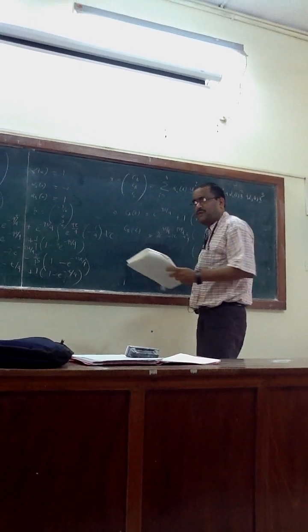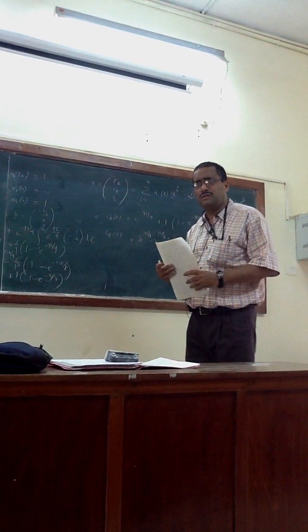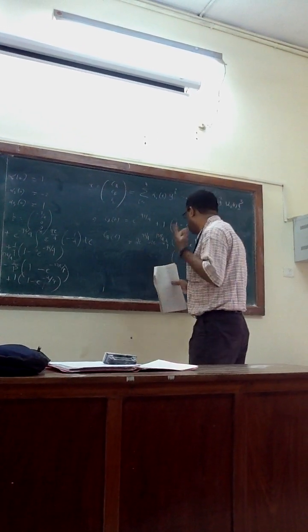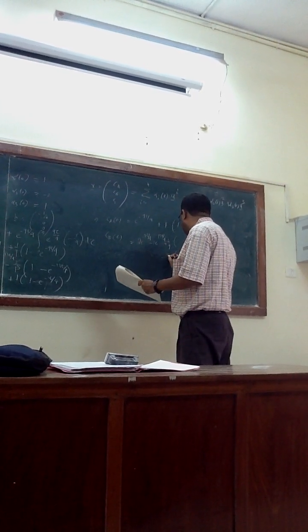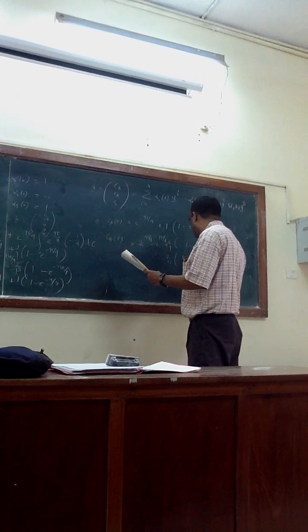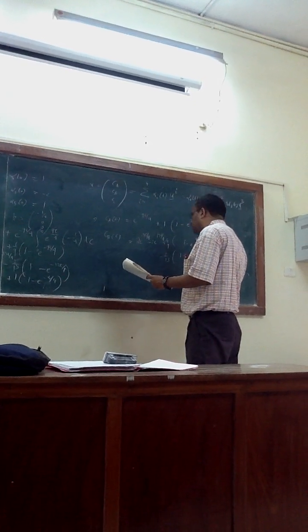Plus 2 by 3, unless you are having a problem with the plus or minus, whatever I say. If I say plus, Vasudha will say minus. I don't know, some problem is there. Minus 2 by 13, 1 minus e to the power minus 13t by 4.